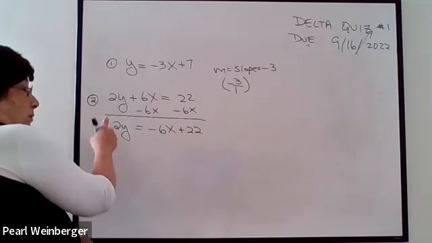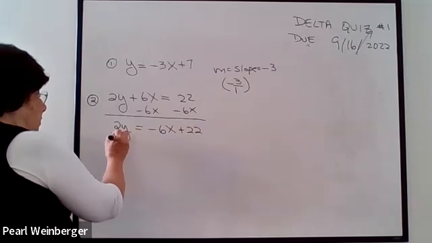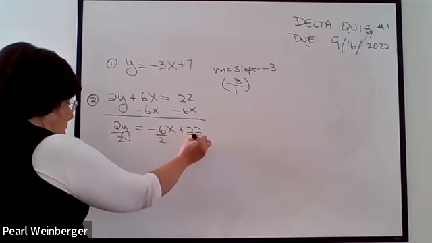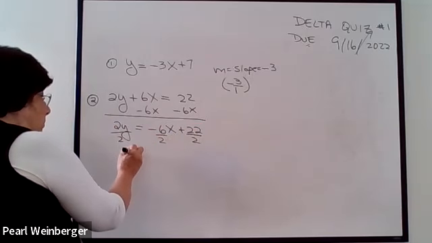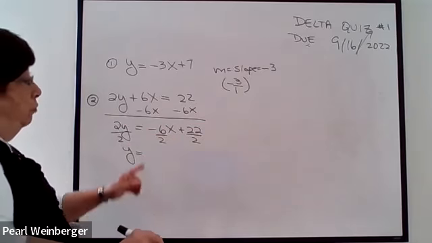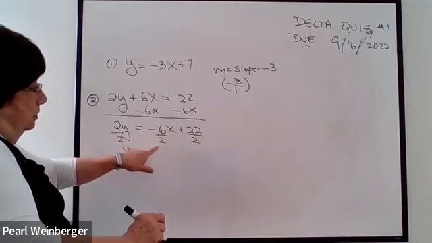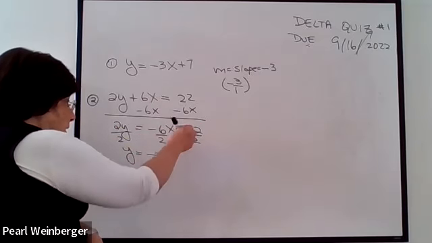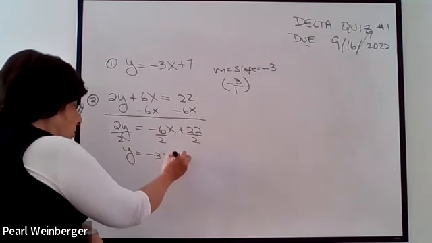And then, since I want the y alone, I'm going to divide by 2. So this line becomes, in y equals mx plus b format, -6 divided by 2, which is -3x, and 22 divided by 2 is 11.